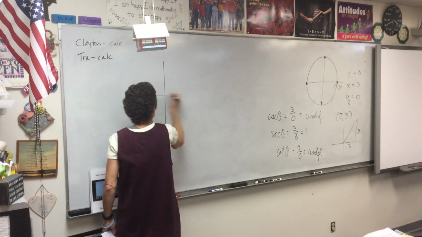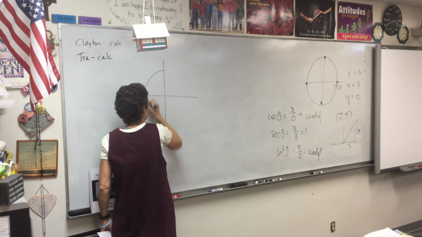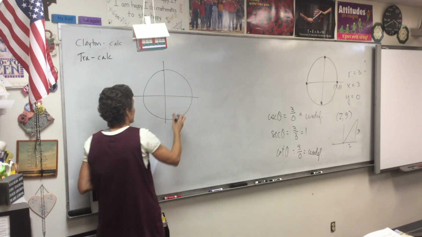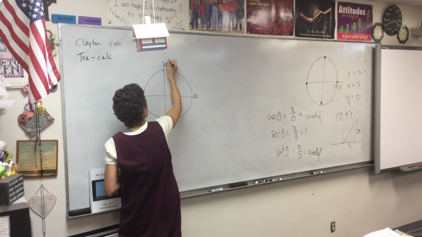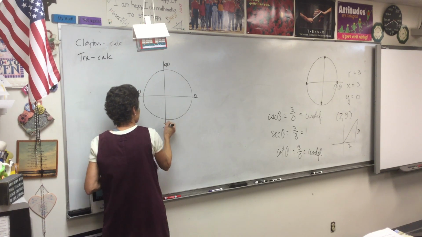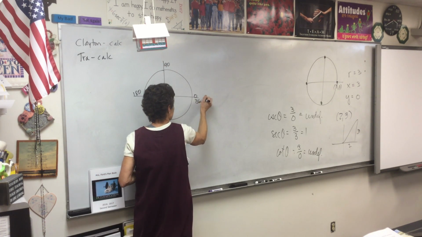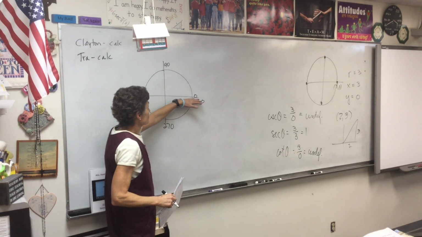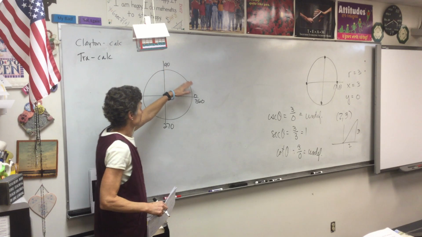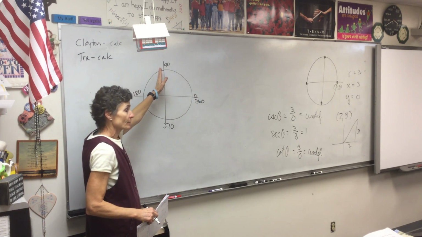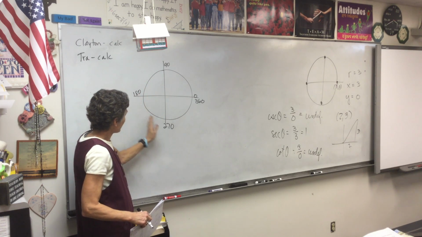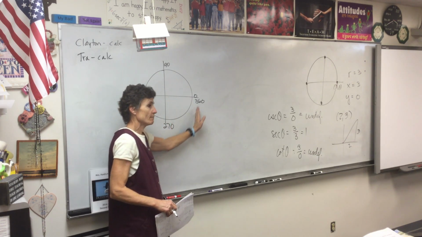Here is my circle, or my compass, or whatever you want to call it. It's not a compass, but here's my circle. This is 0, this is 90, this is 180, and this is 270, and this one is 360. That's how we measure our angles.